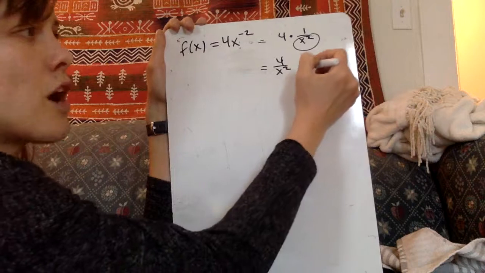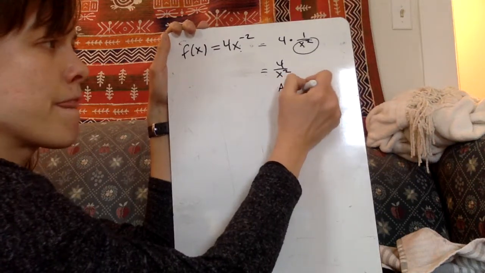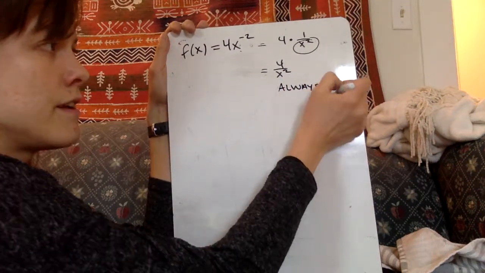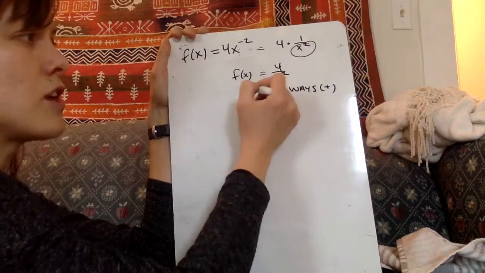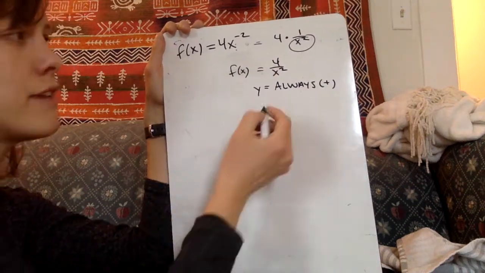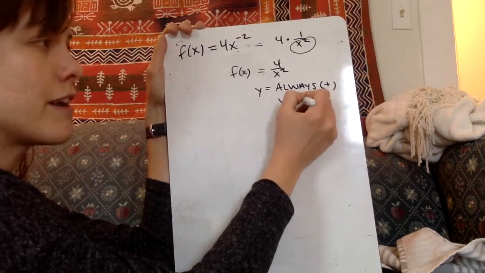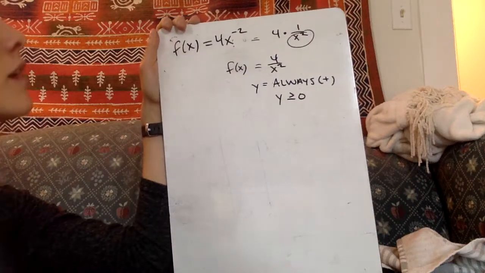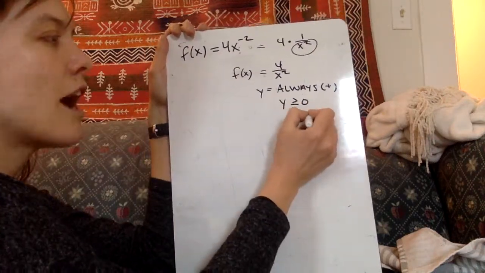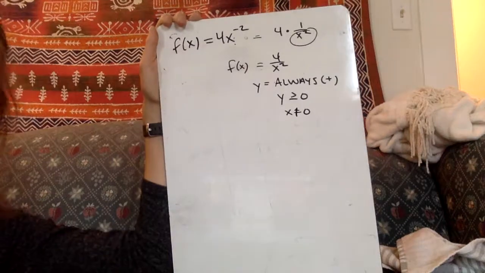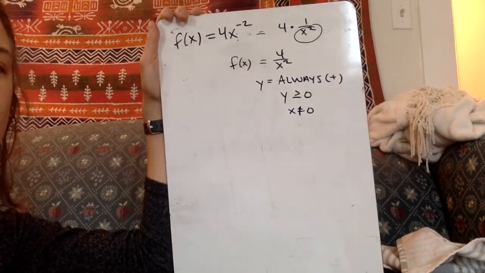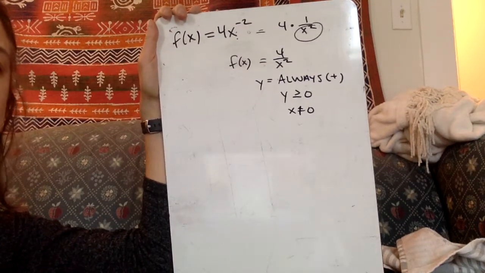So I know that it's always going to be positive. So y is always positive, so y is greater than or equal to 0. And I know that x cannot equal 0 here. So these are two things that I know right away looking at this function.